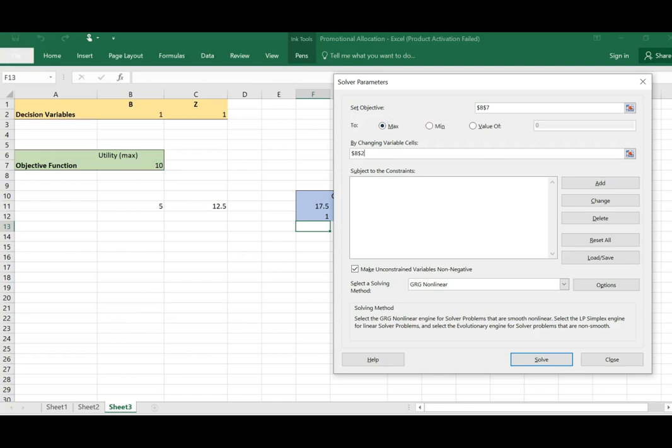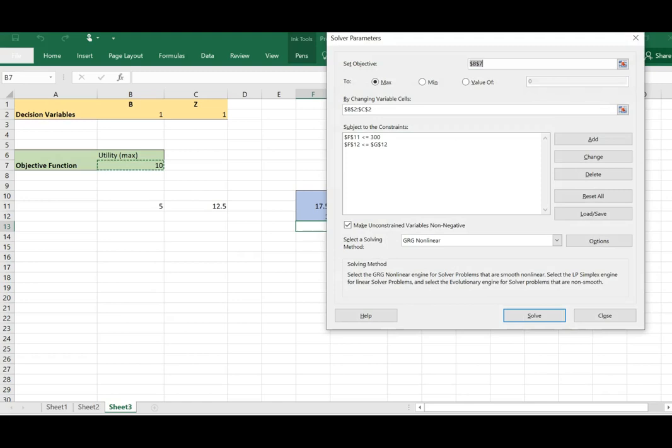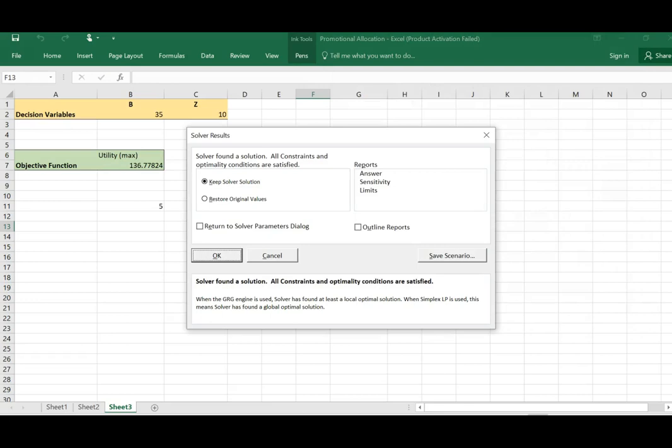I maximize utility by choosing B and Z, and I have two constraints. This total cost has to be less than the $300 I give my daughter every summer to spend on stuff. And the number of trips to the zoo had to be less than 10. And go ahead and click solve.